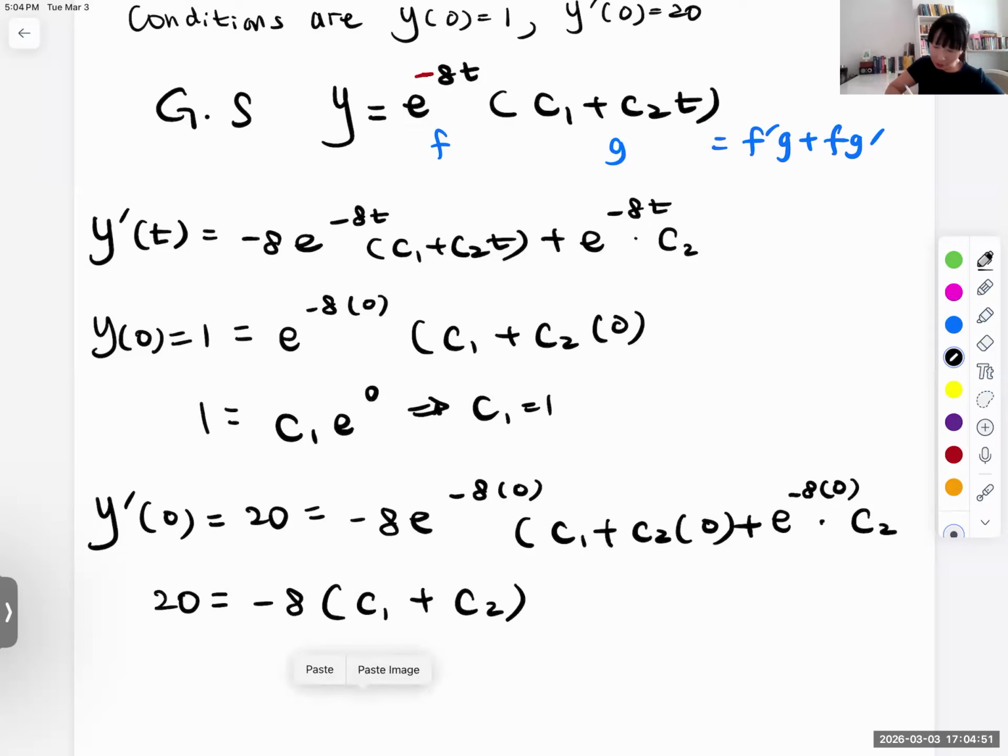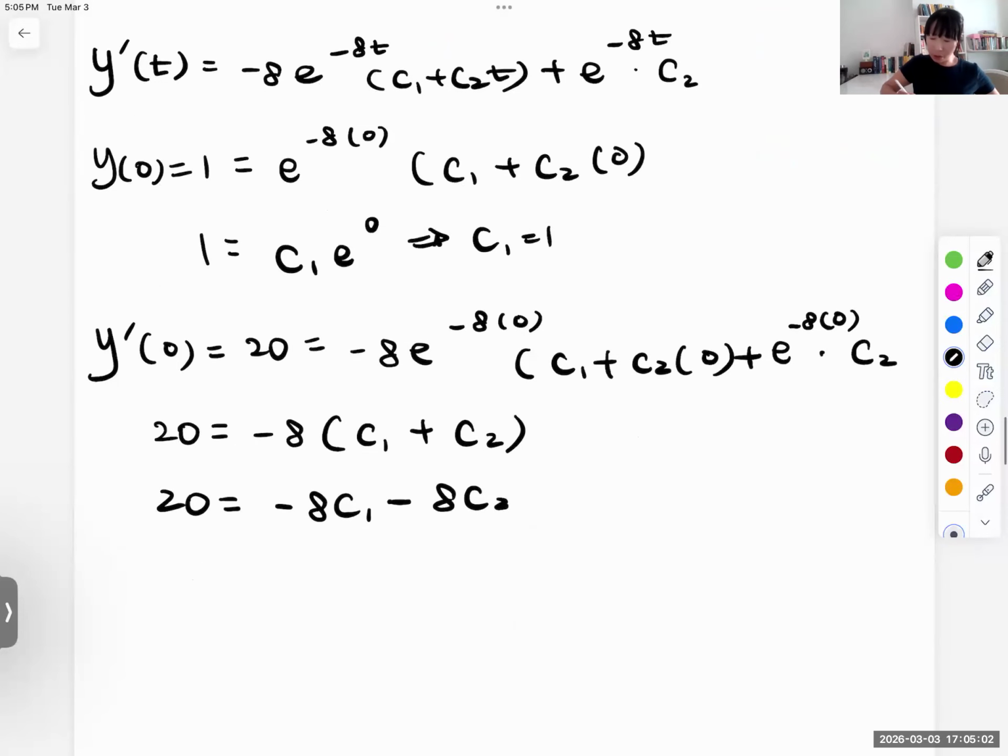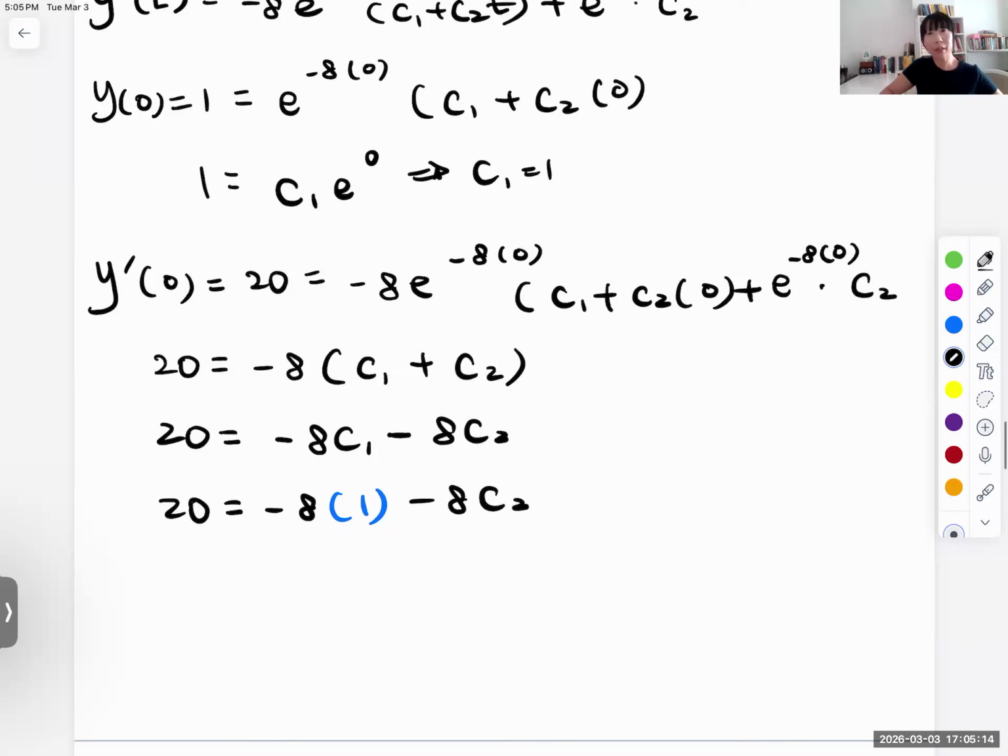So there will be 20 equal to negative 8 c sub 1 minus 8 c sub 2, right? But then we knew c sub 1 equal to 1, so 20 equal to negative 8 times 1 minus 8 c sub 2, so we will get c sub 2.